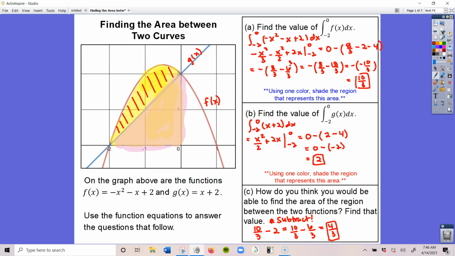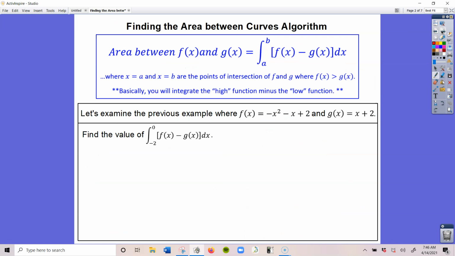So basically, we don't have to go through this entire process where you find the area of one function and the other. There is a way of finding the area without having to go through all of that work.